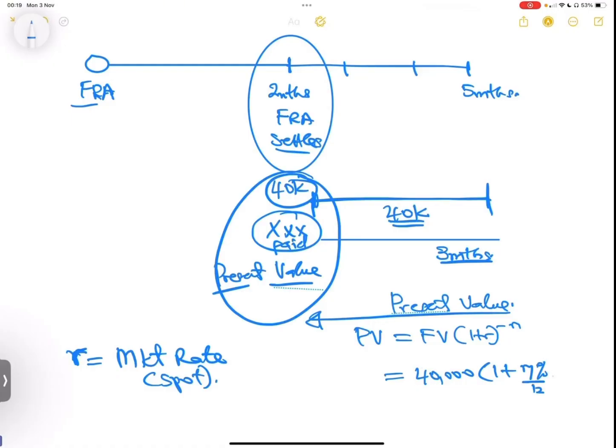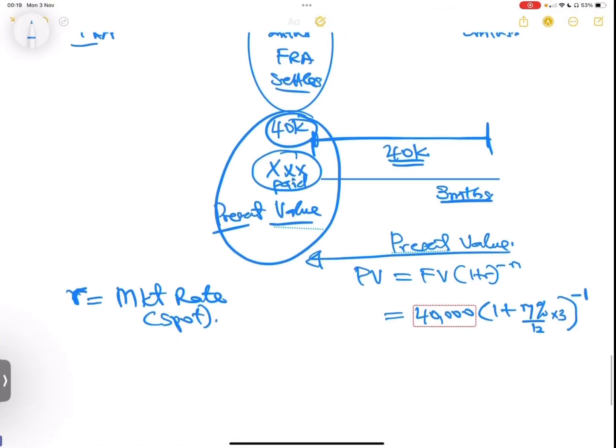So divide by 12 times 3. You need to remember that. Then raised to the power -1, because at that point you're talking about just one period. It's not even up to 1 year. That's why you've converted it to the periodic rate. So if you do 7% times 3 divided by 12, that gives 39,312.